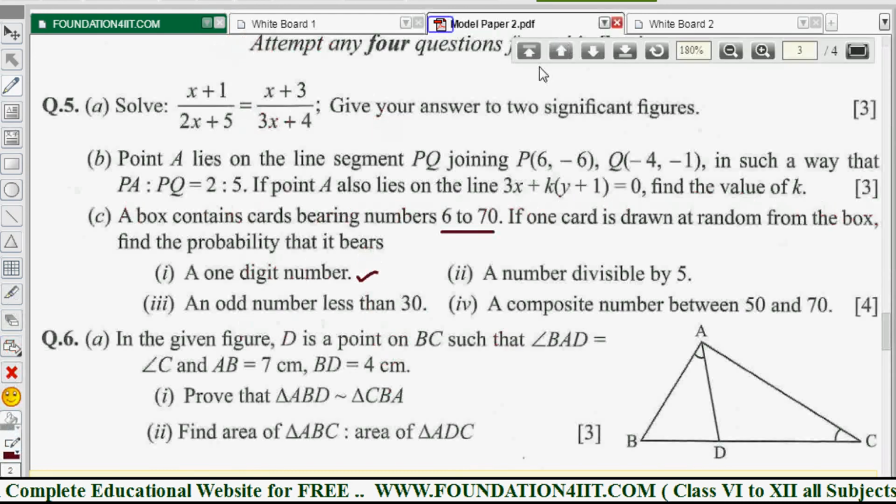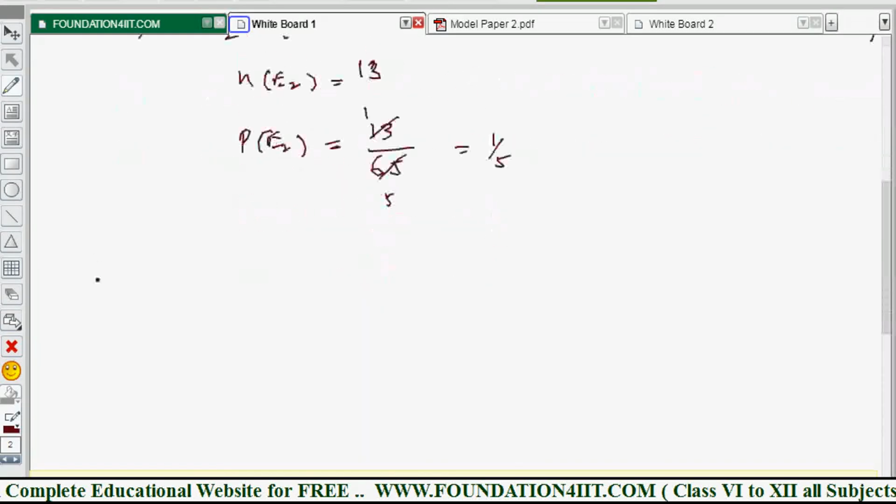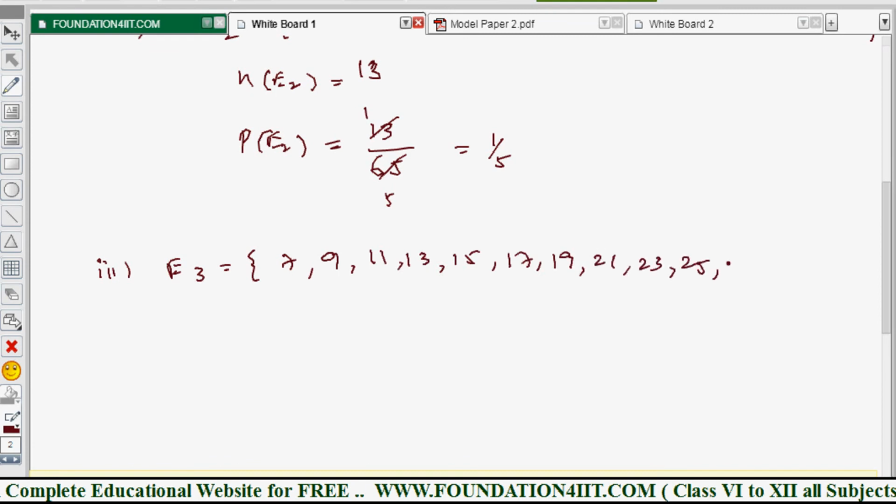And next is an odd number less than 30. Let's take this as event 3. Odd number less than 30 means 29 and below. The starting number is 7, because 6 is an even number. 7, 9, 11, 13, 15, 17, 19, 21, 23, 25, 27 and 29.